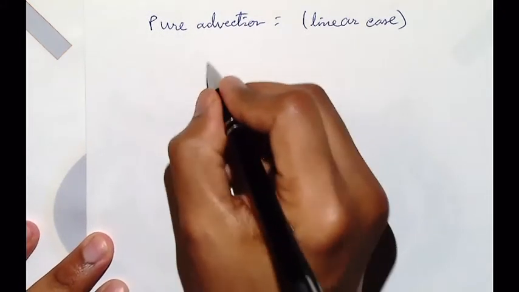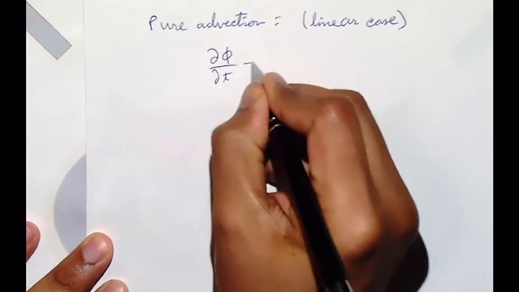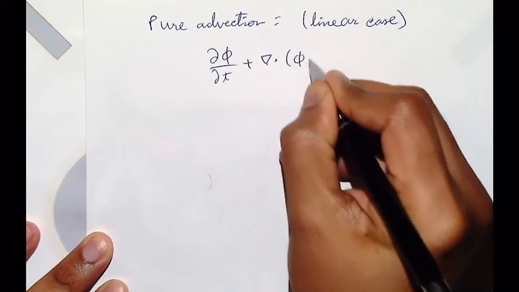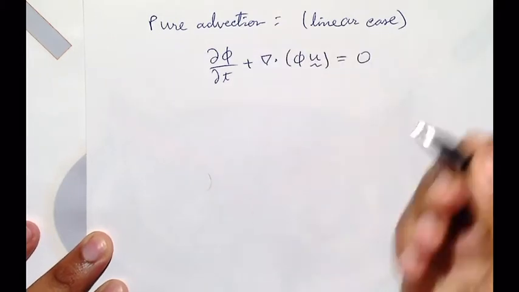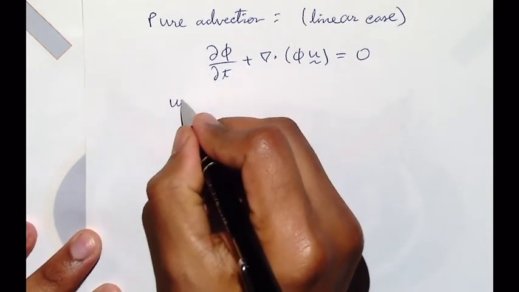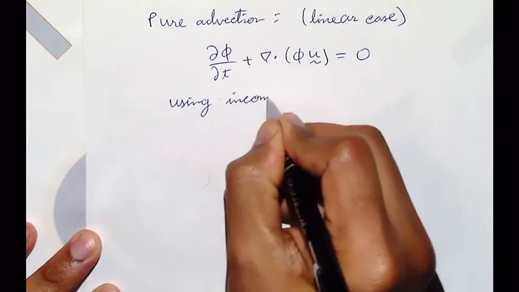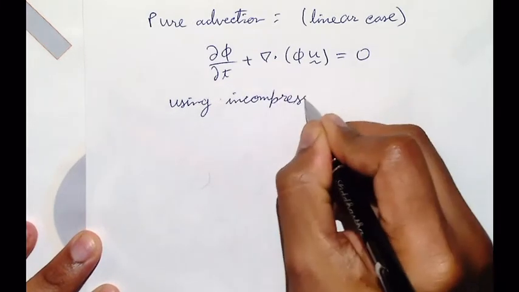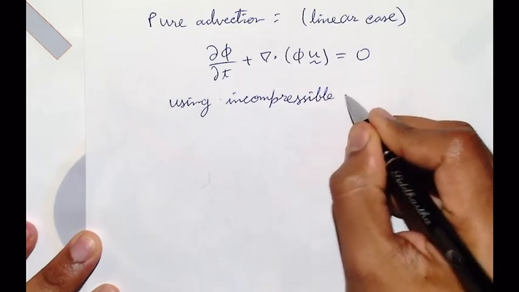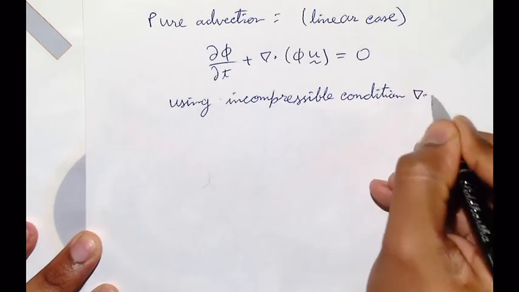So pure advection actually looks like this: del phi by del t plus del dot (phi u) equals 0. But again, since we are dealing with the incompressible case, we will always make use of del dot u equals 0.